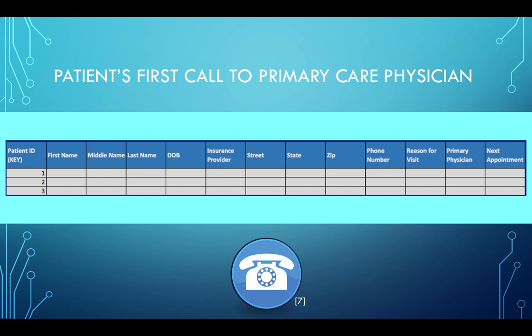You'll have the name, the date of birth, the insurance provider, the address, and as you can notice, the name and address are divided up into categories, which can also assist in narrowing down a query and in gathering additional information. It would also include the phone number, the reason for the visit, and the primary care physician assigned to that patient, as well as the next appointment date.